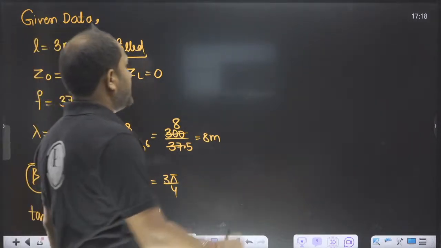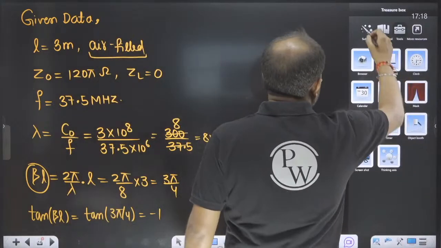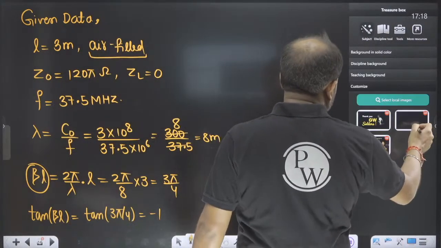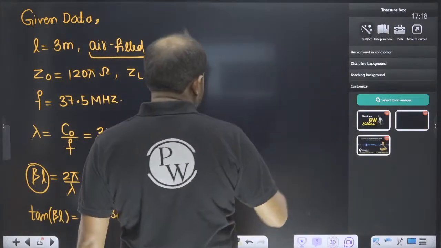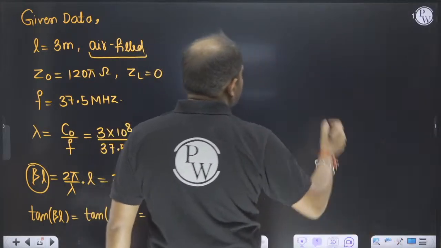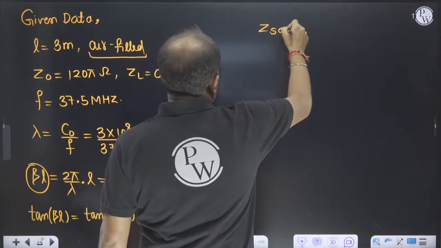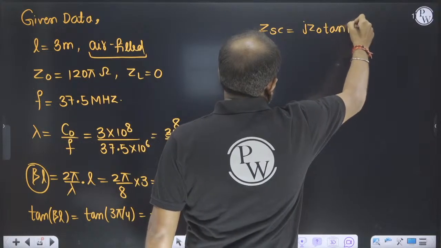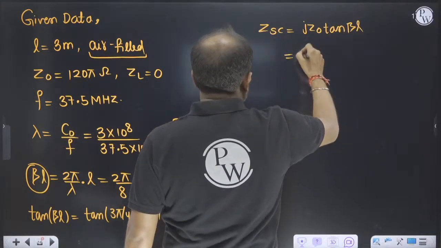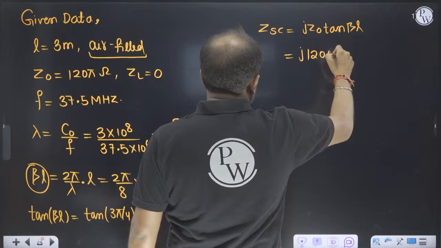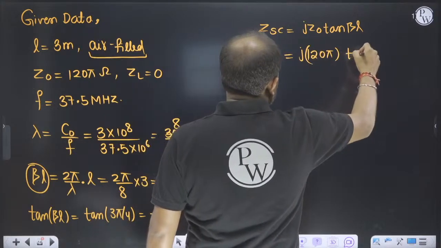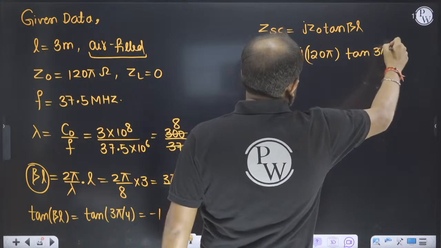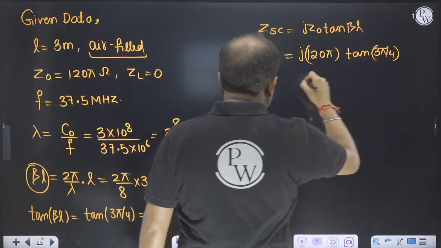Then they are asking the value of ZSC. What is ZSC here? ZSC is equal to jZ0 tan beta L. Z0 we have j 120 pi and tan 3 pi by 4. What is the value of tan 3 pi by 4? Minus 1.